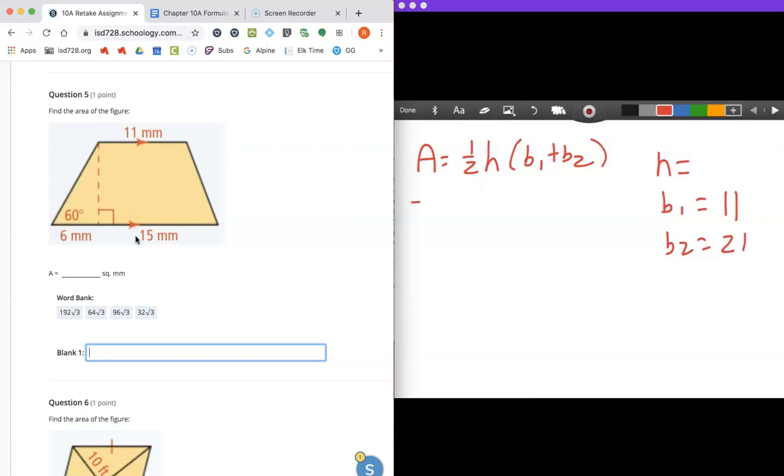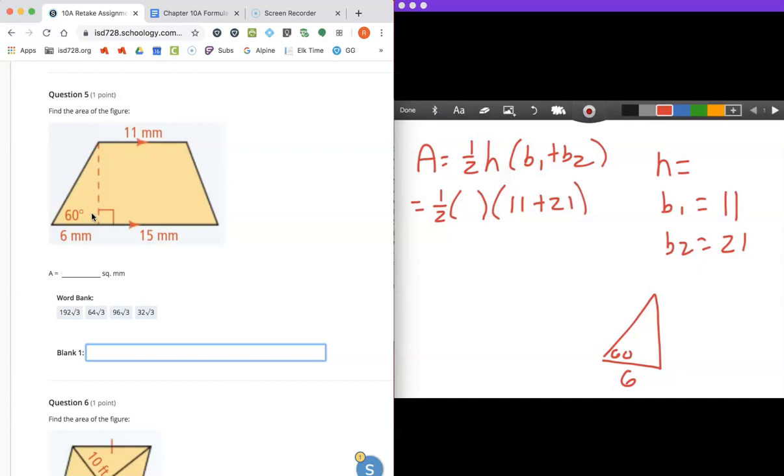Okay, so far we have 1/2. I'm going to leave the height parentheses empty for now. We have 11 plus 21 for the bases added together. Okay, so now we got to get that height. All right, here's what we have. This triangle over here is a 30, 60, 90. So what we know is that this is 6 and this is 60.